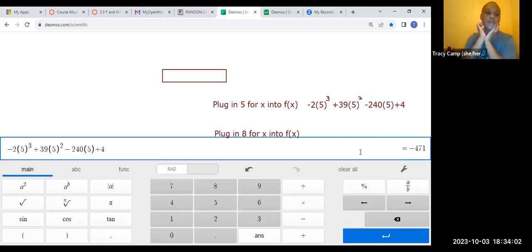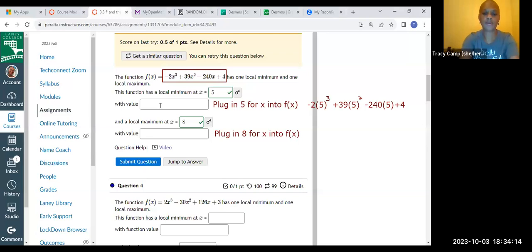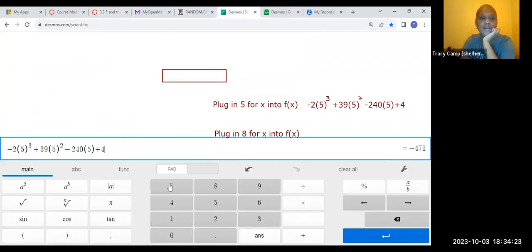I think I did all that correctly, but let's see. -471. Yay. Okay, so now I'm going to plug in 8 for x. So I'm just going to go to the calculator and replace all my 5s with 8s.